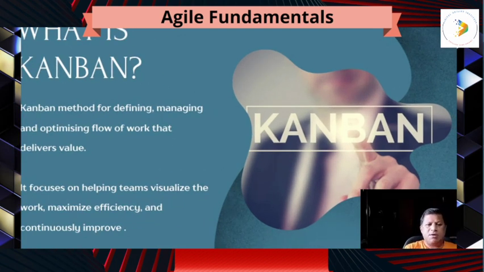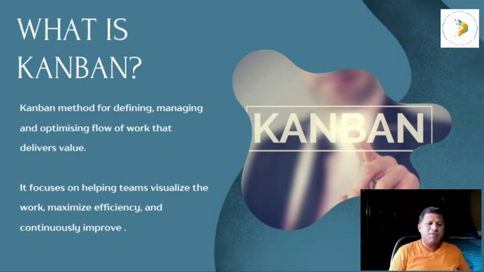Kanban is a method for defining, managing, and optimizing flow of work, which essentially means it's a means through which you are able to visualize the flow, and the process that is involved, the various steps that are involved within that particular flow. So that is more about Kanban for a start, right?